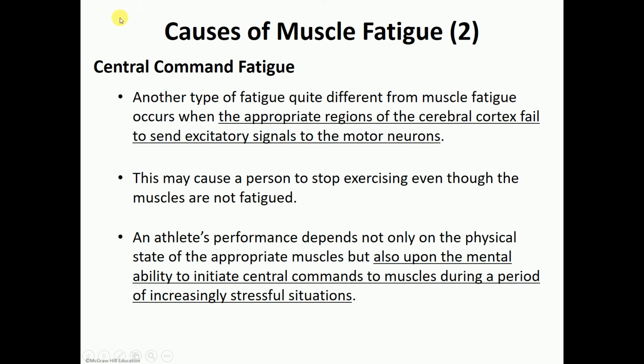But we do know that we have what is known as central command fatigue. You might have seen this in marathons where runners are running for very long periods of time and then they get to the end and they've lost the motivation. They can no longer run. But as soon as somebody comes, picks them up or cheers them on, they're motivated again and they are mentally able to complete that marathon.